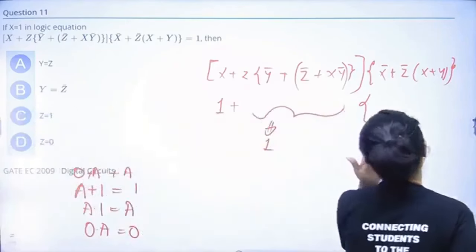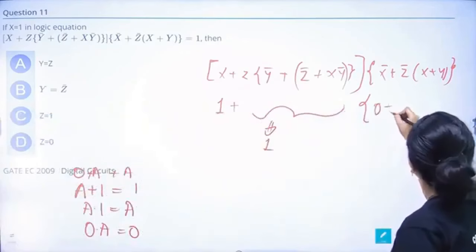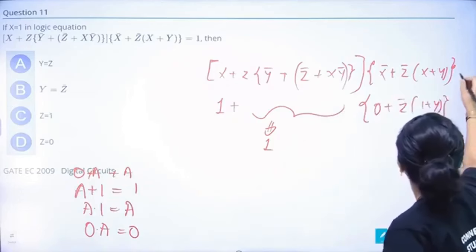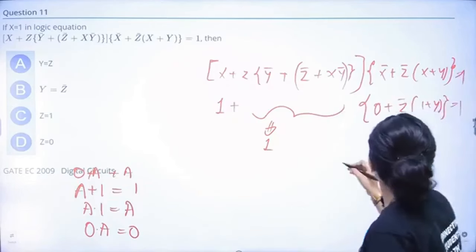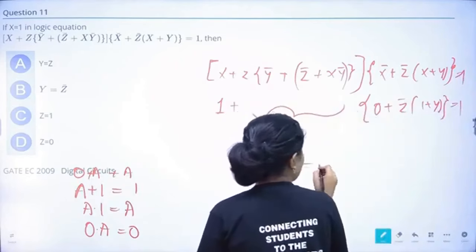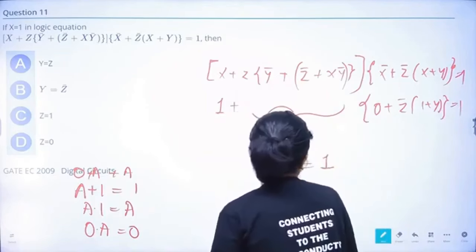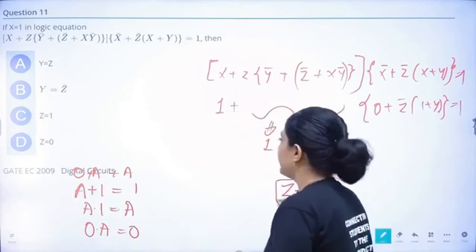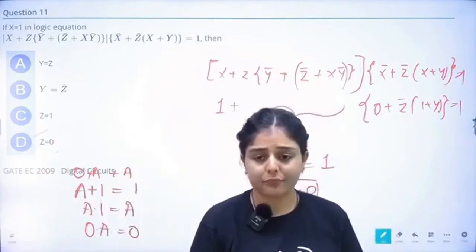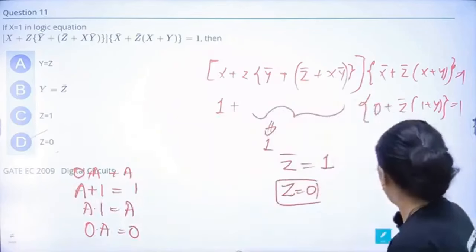Now x bar, so basically 1 bar, will be 0 plus z bar, 1 plus y. This whole is equal to 1. So here 1 plus y will be 1. The term will be z bar equal to 1. Z bar will be your correct answer. Okay, great.